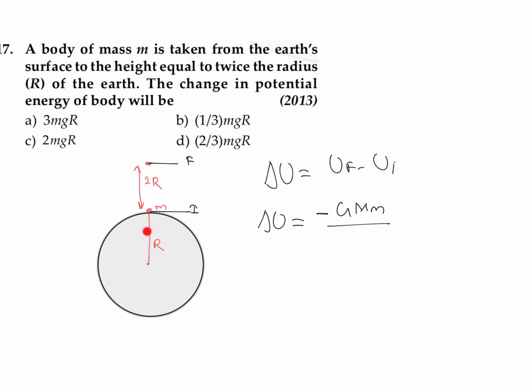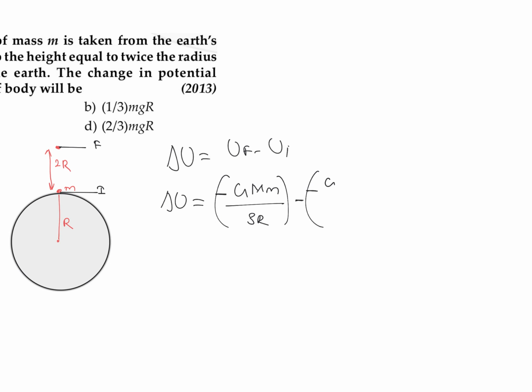So this distance from here to here is 2r plus r, which is equal to 3r. So final potential energy minus initial potential energy is minus GMm divided by 3r, and when the object is on the surface, its potential energy is minus GMm by r.